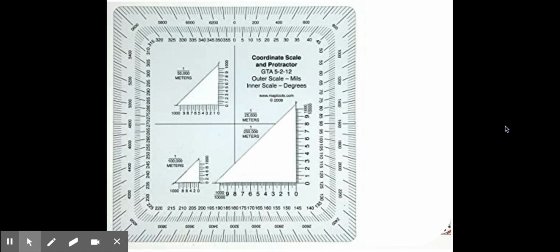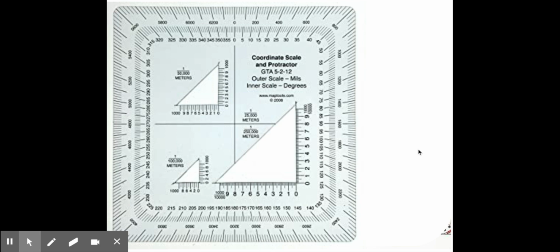Now, I opened this first slide with what I call a GTA protractor card. And it's what I used to use when I was doing land navigation without the use of GPS type systems. And so, depending on whether you had a 1 to 50,000 map, or a 1 to 100,000 map, or a 1 to 25,000 type map, you'd have different distances.